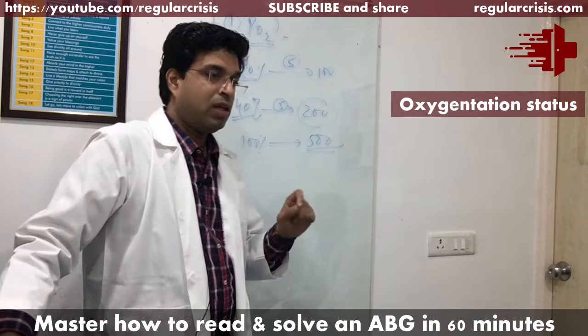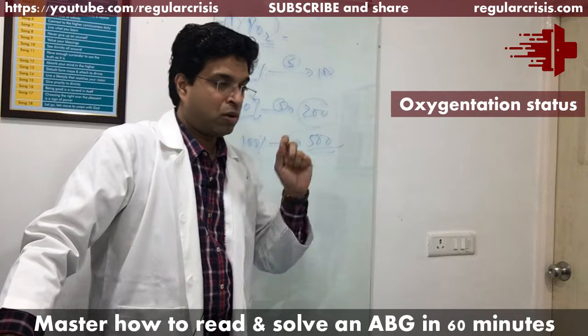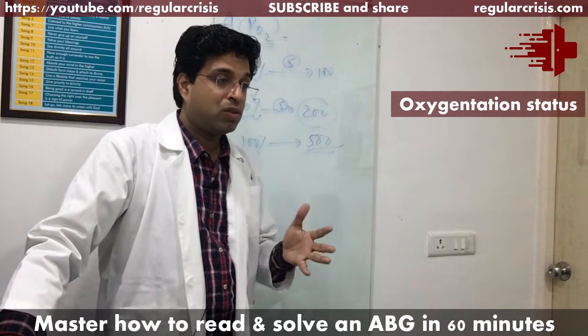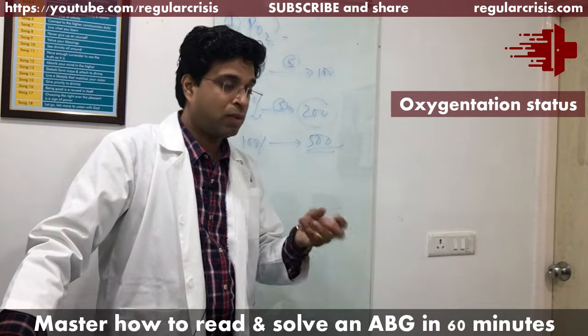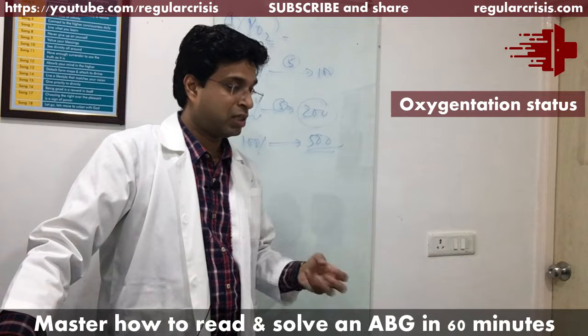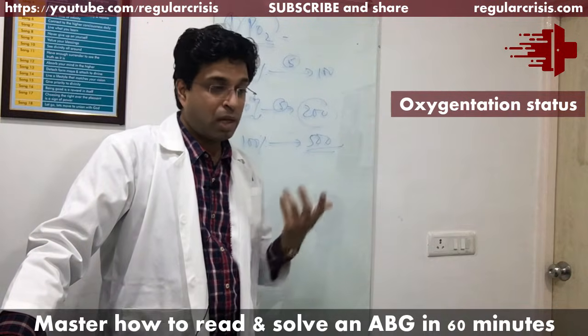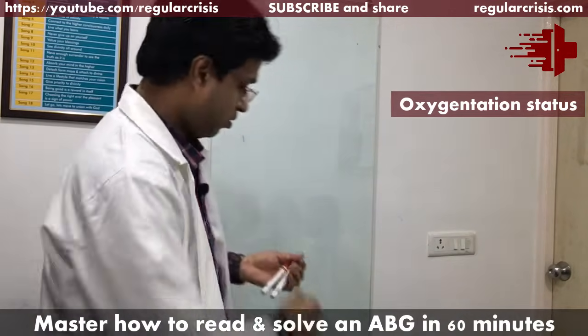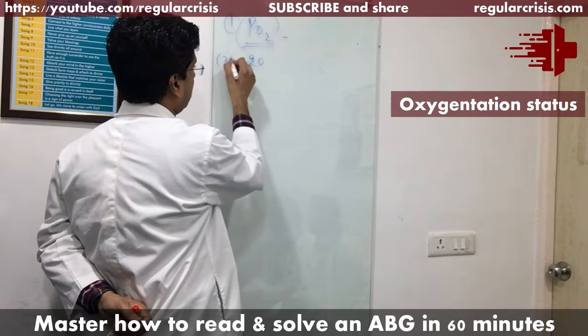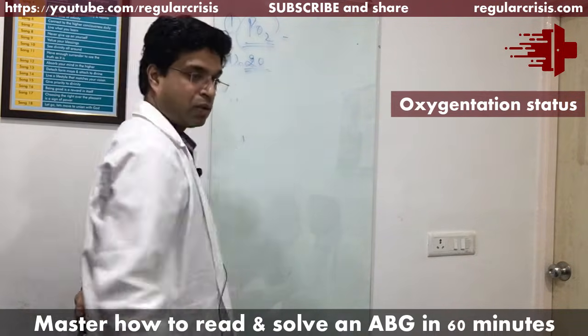When you are giving 20% FiO2 or 40% or 50% or 60%, what if the patient is on oxygen by room, 2 liters per minute, 4 liters per minute, or 6 liters per minute, or on BiPAP? How will you calculate that? On room air we consider 20%.